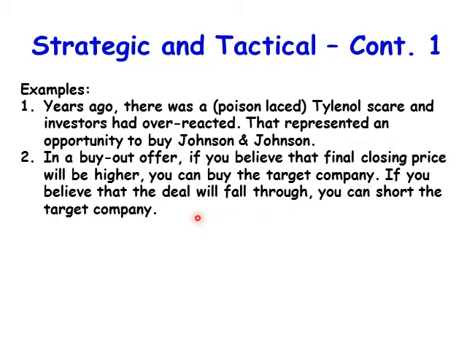Yahoo was asking for more money, and Microsoft just walked out of the deal. In that case, Yahoo stock fell significantly on that announcement. So if you could sense that the buyout offer would fall through, then you could have made money by shorting Yahoo at that time.